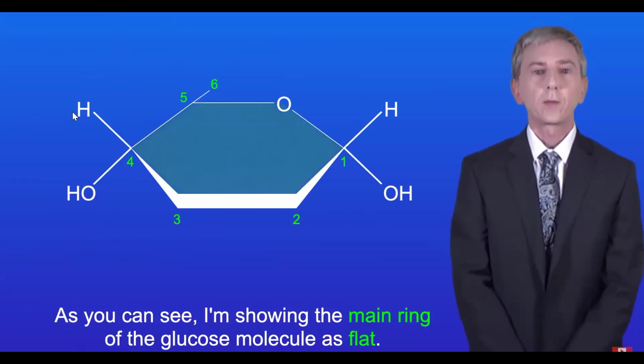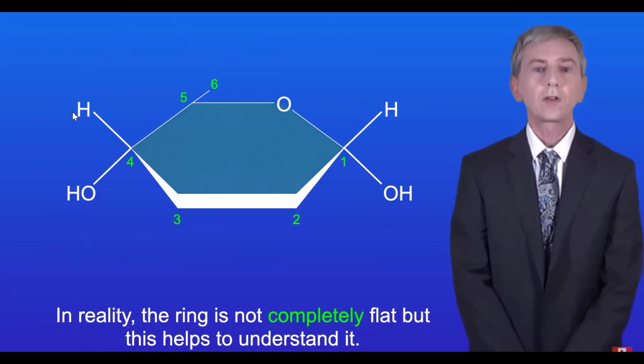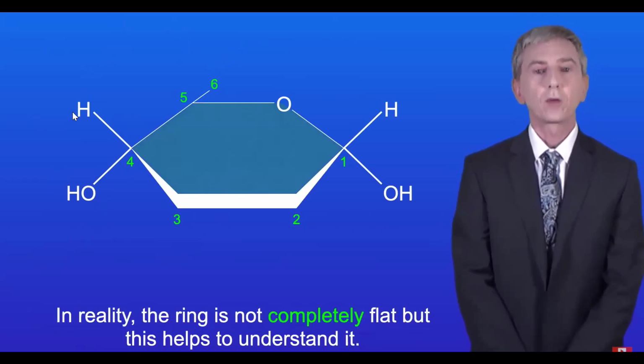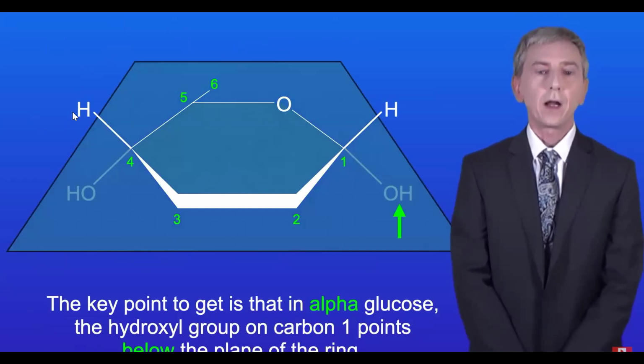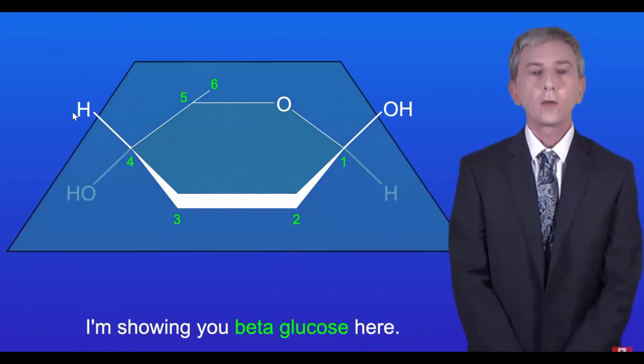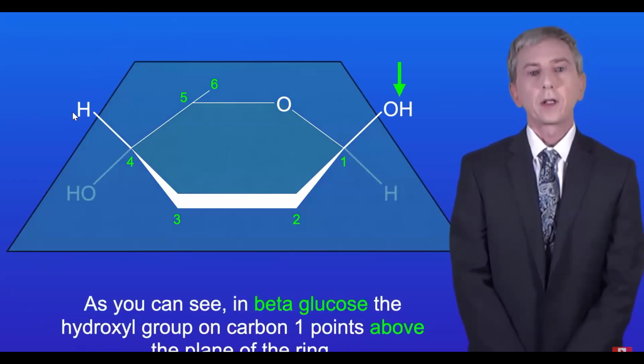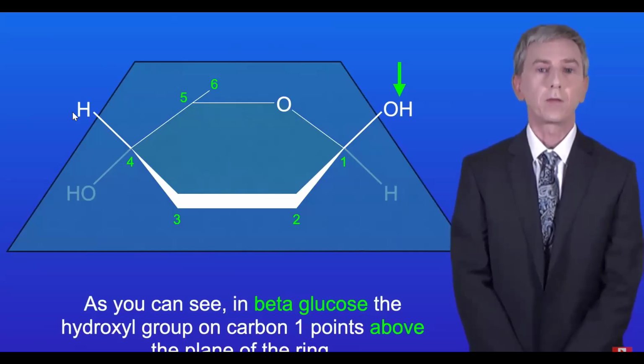As you can see, I'm showing the main ring of the glucose molecule as flat. In reality, the ring is not completely flat, but this helps to understand it. Now I'm showing you the plane of the ring. Now the key point to get is that in alpha glucose, the hydroxyl group on carbon 1 points below the plane of the ring. I'm showing you beta glucose here. As you can see, in beta glucose, the hydroxyl group on carbon 1 points above the plane of the ring.